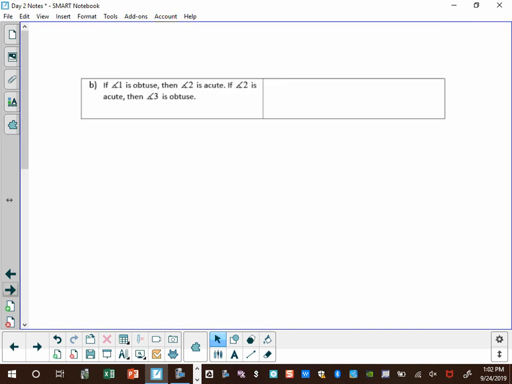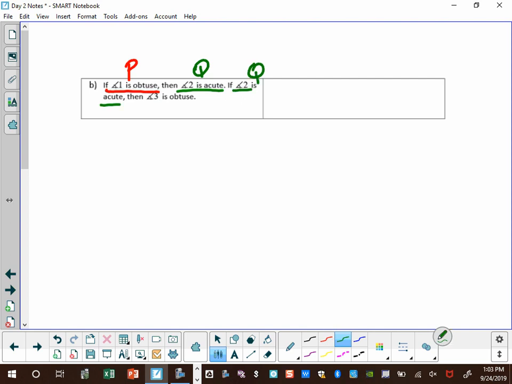If angle 1 is obtuse, then angle 2 is acute. If angle 2 is acute, then angle 3 is obtuse. Do we have enough information here? Do we have 3 parts? If angle 1 is obtuse, that's my hypothesis. Then angle 2 is acute. That's my conclusion. If angle 2 is acute, then angle 3 is obtuse.